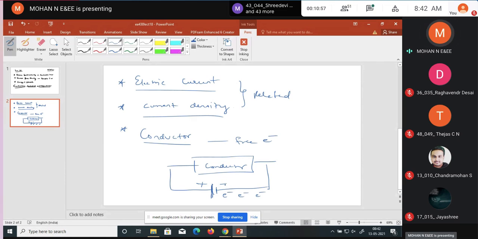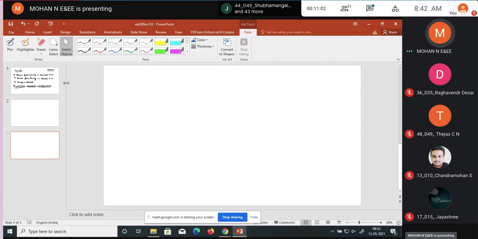So this constitutes some flow of charges, and the rate of flow of charges is nothing but electric current. We can define electric current as the rate of flow of charge, that is, the amount of charge flowing across a given cross section of a conductor in a given period of time.